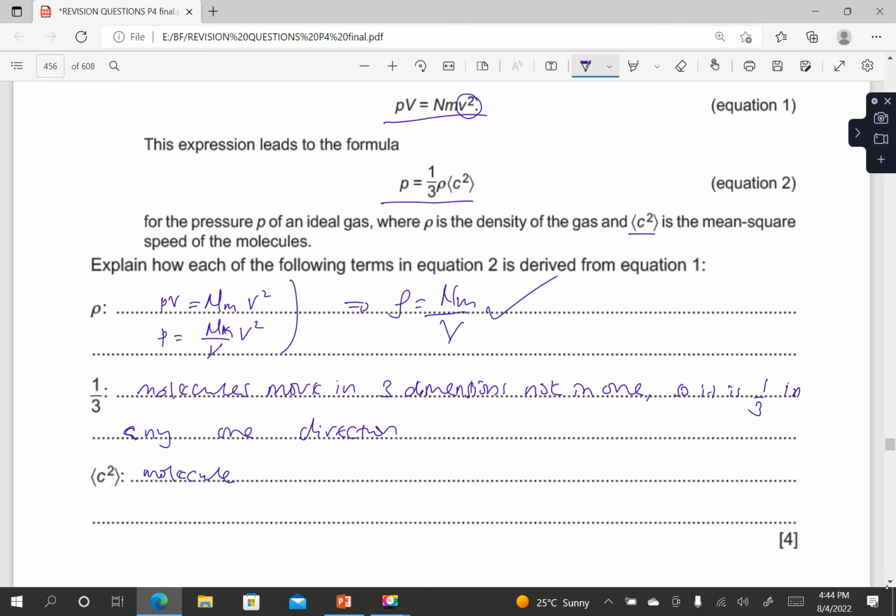Molecules have different speeds, so taking the average of the speed squared is important.